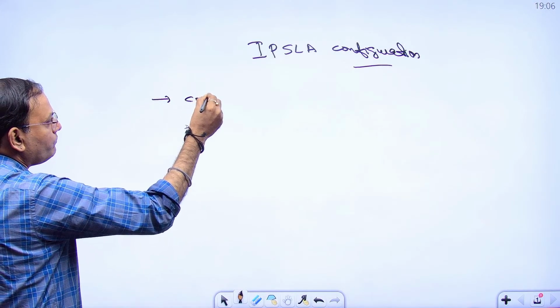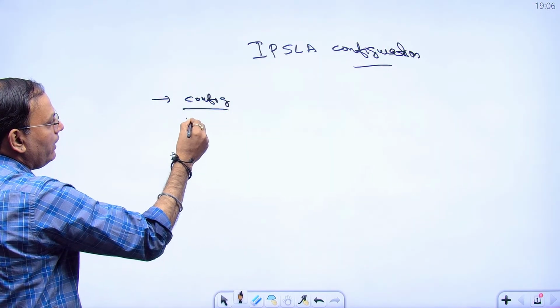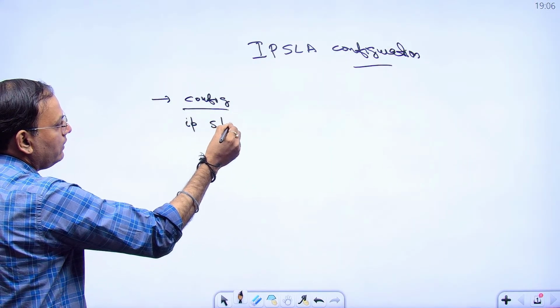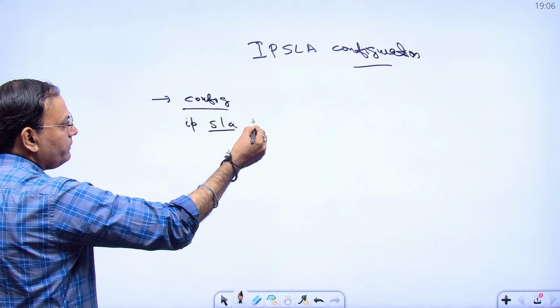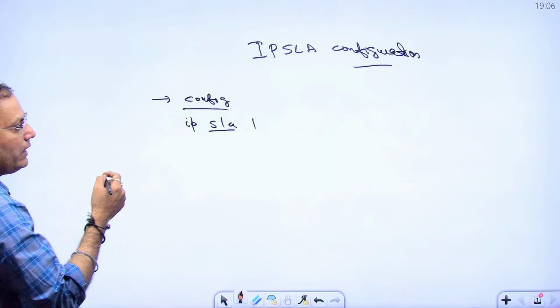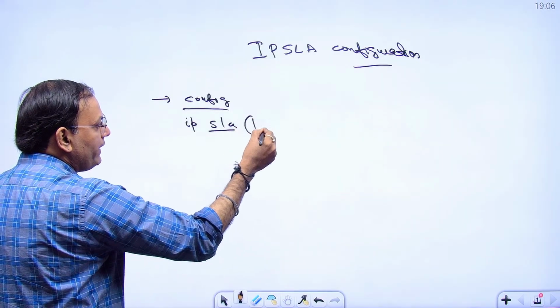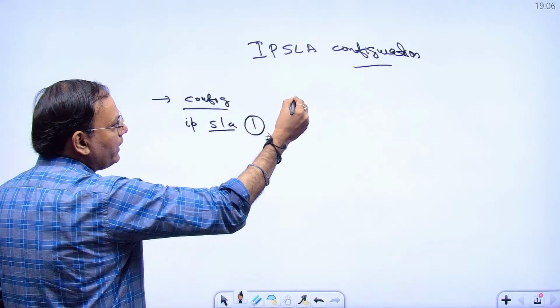Config T, IPSLA, you have to define any number, let's say 1. IPSLA number 1, it can be any number, but if the router has multiple IPSLA, then you have to check first.